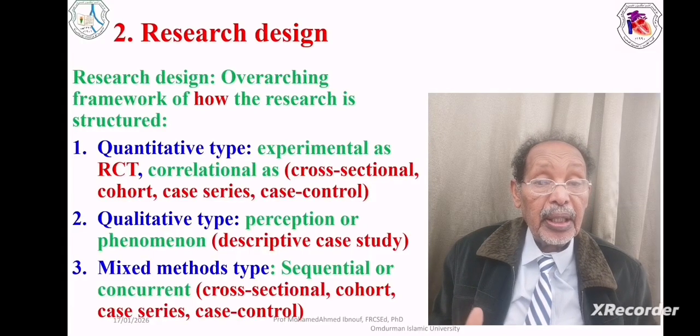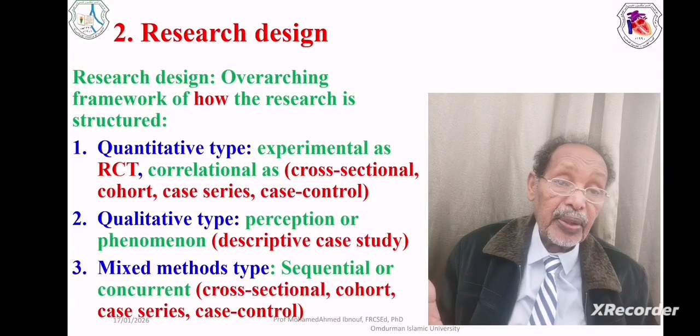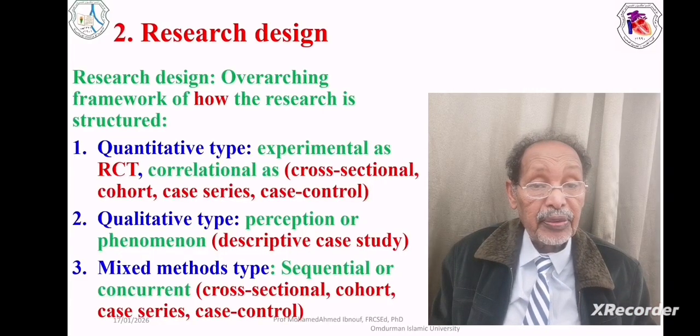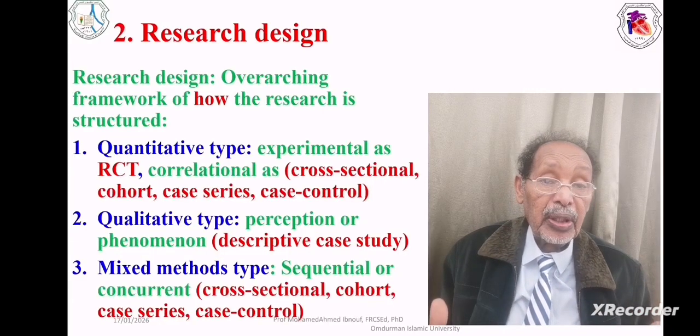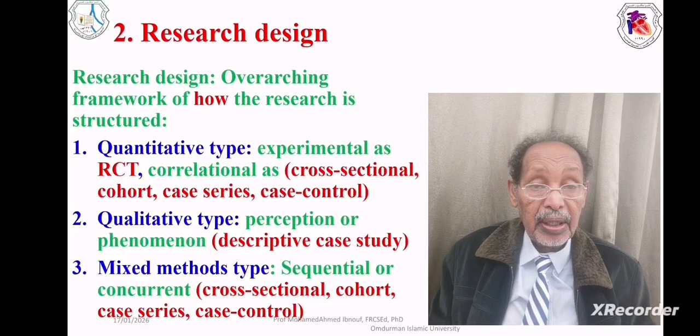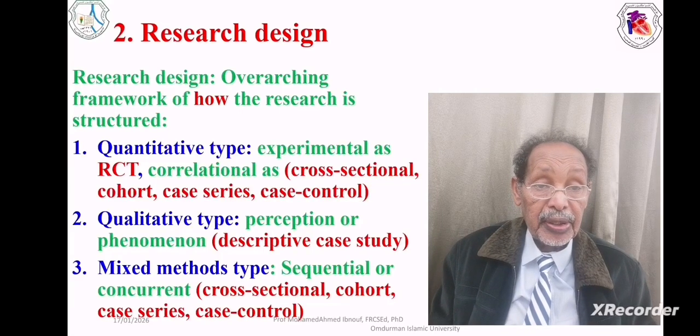It could be a descriptive research based on qualitative data, or mixed method. Mixed method means involving the 4 types of research, or even the 5 types of research I have just mentioned: cross-sectional study, cohort study, case series and case control.